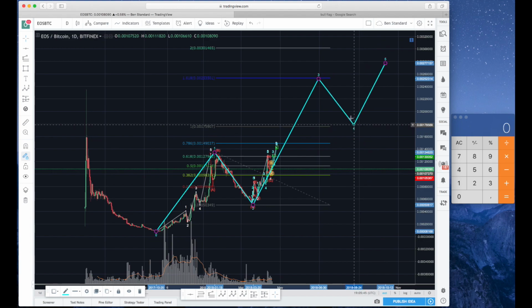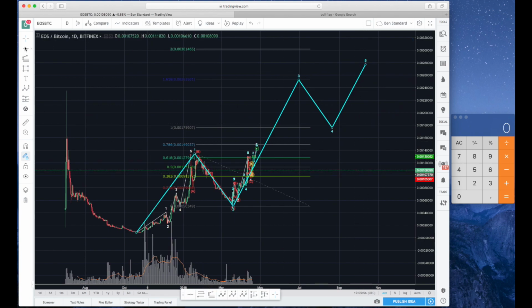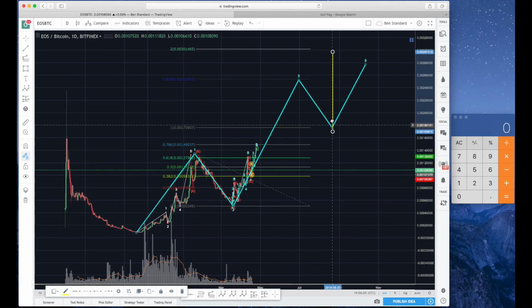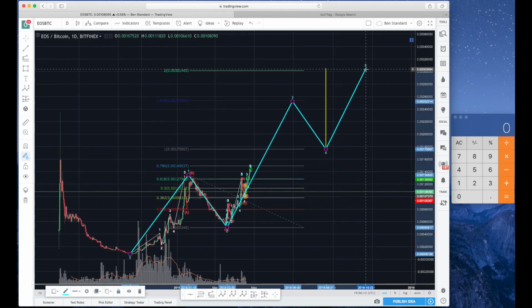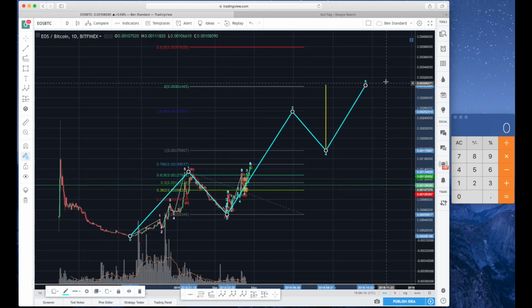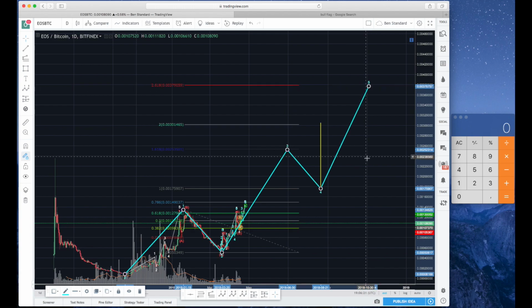And the fourth wave usually corrects around 40%. So it's around here. And the fifth wave is either as long as the first wave, so up here, or could even go as high as 2.618.